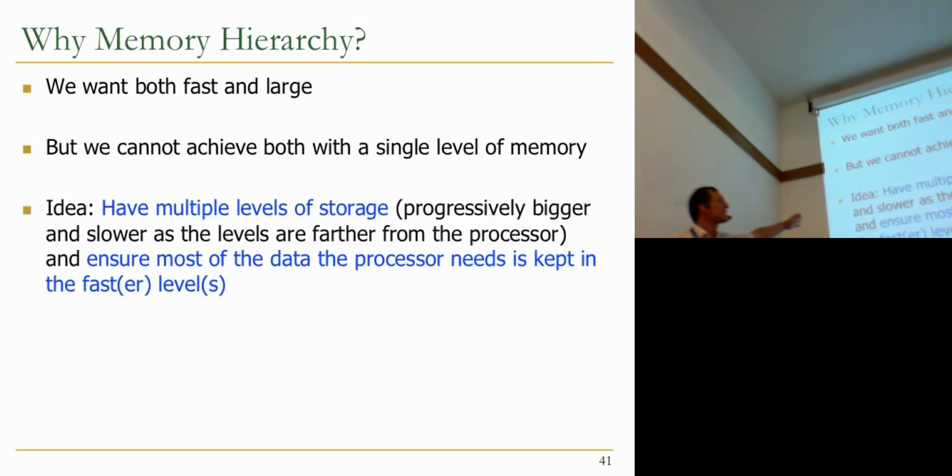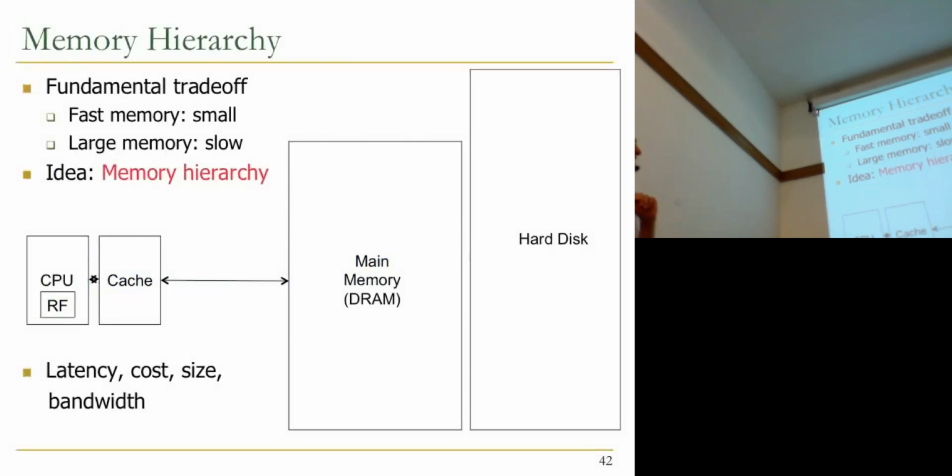The idea here is to have multiple levels of storage, basically progressively bigger and slower as the levels get farther from the processor. And ensure that most of the data that the processor is operating on is kept close at the fast level. And you're very familiar with this idea, right? Basically, you have register files within the CPU. You have caches that are small but fast.